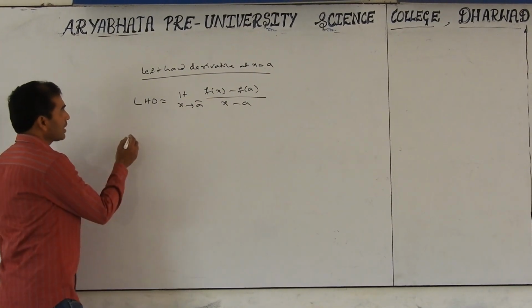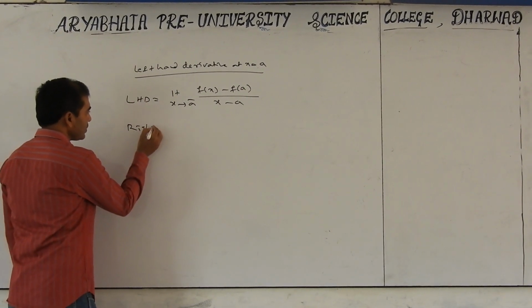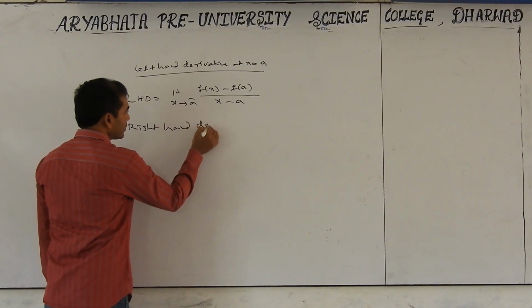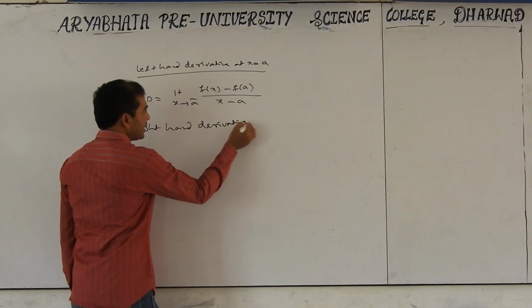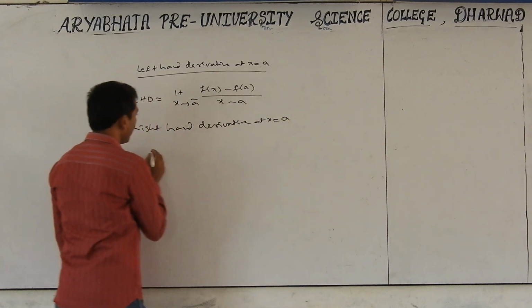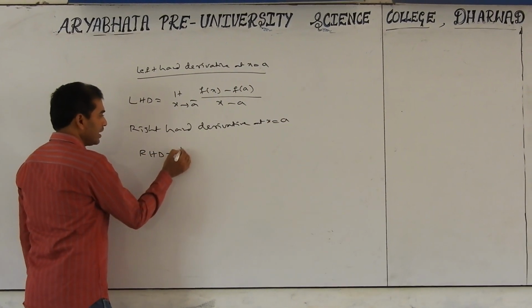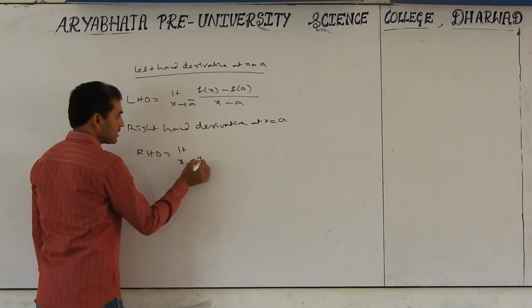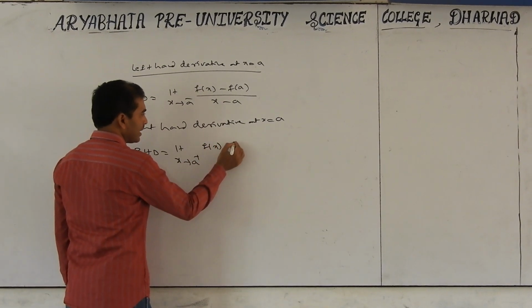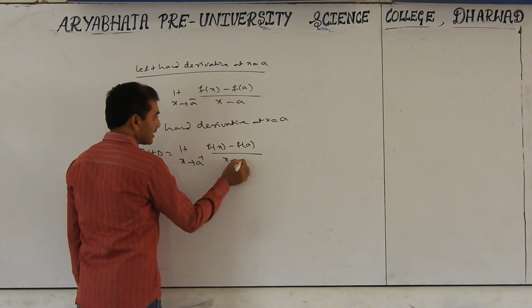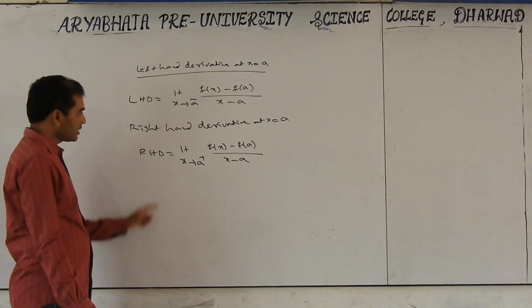Next, the right hand derivative, RHD, at x equal to a. It is the limit as x tends to a plus of f of x minus f of a by x minus a. This is the right hand derivative.